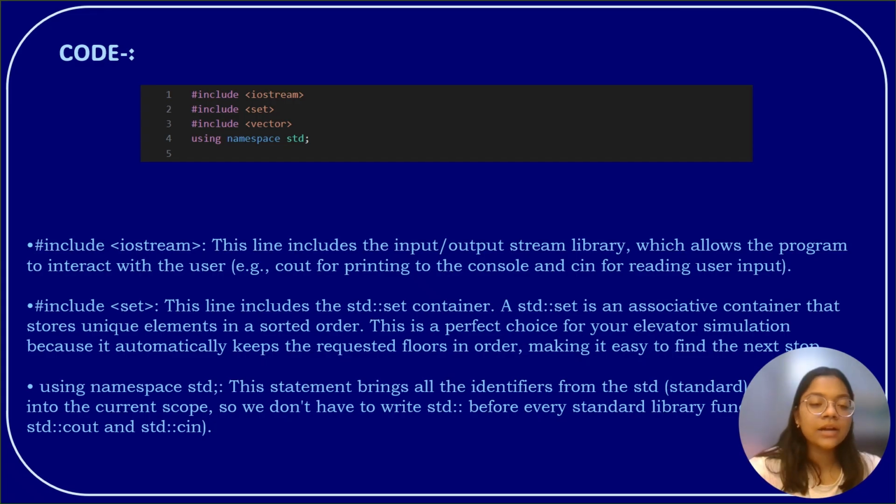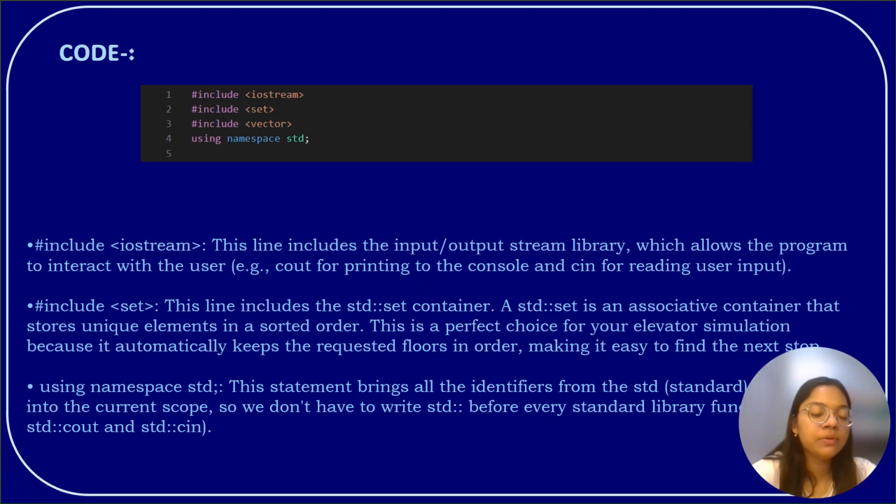Now the fourth line, which is going to be very useful in our code, is using namespace std. It is a kind of shortcut that we are using in our code. It tells that we are going to use std, which stands for standard, everywhere in the code wherever it is needed. It will save us a lot of time and make our code much more readable and neat.